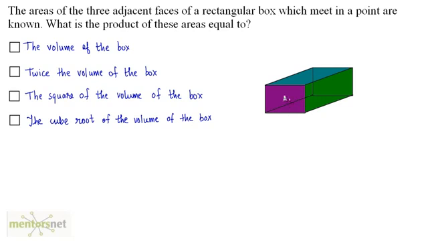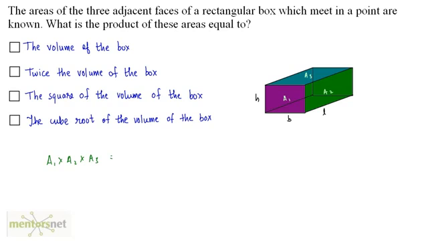Let their areas be A1, A2 and A3. Now this is the length, this is the breadth, and this is the height of this rectangular box. We have been given that the areas are known, and we have been asked what is the product of these areas. So we have been asked A1 times A2 times A3, right?